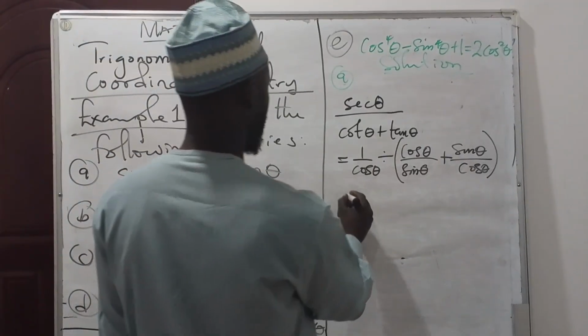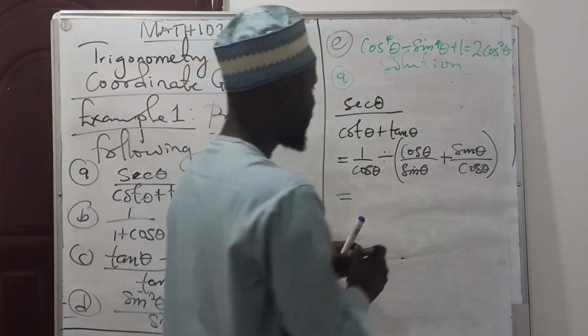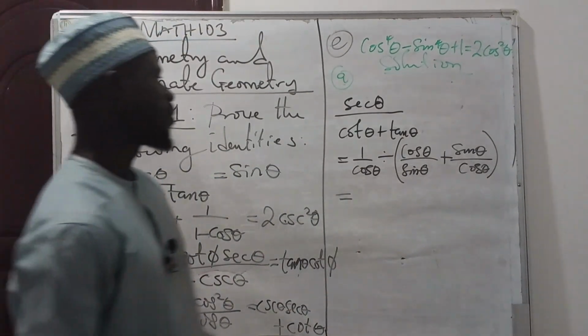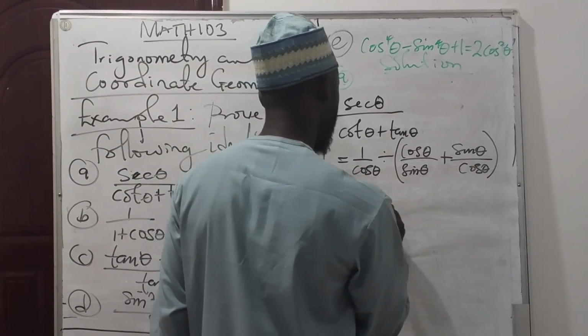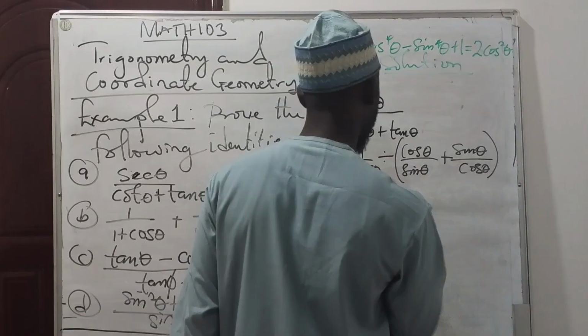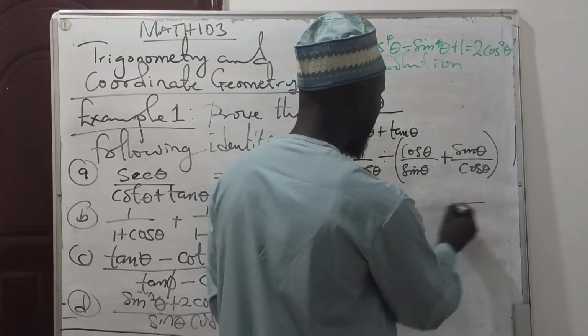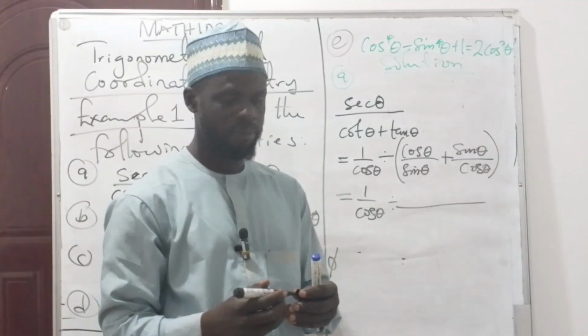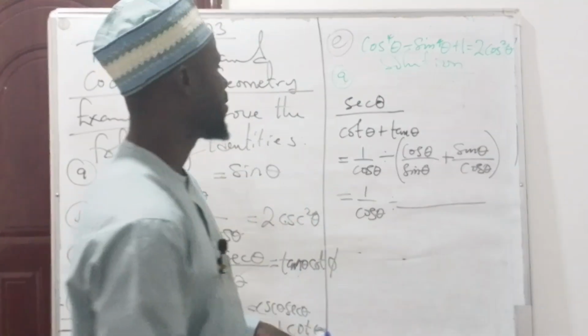Now we solve the denominator before the division. To add two fractions you need to take the LCM and then simplify.